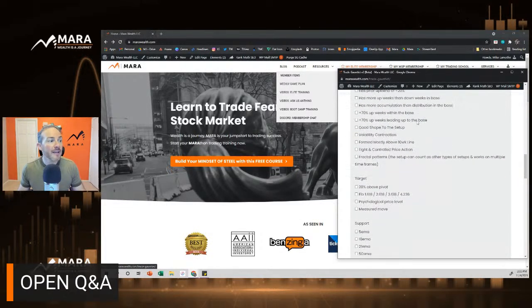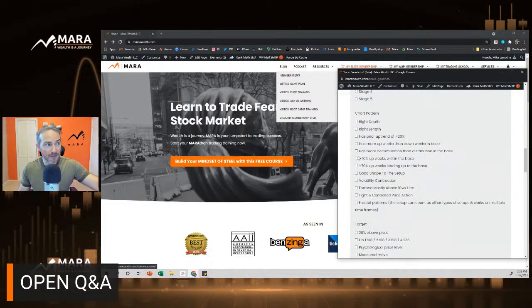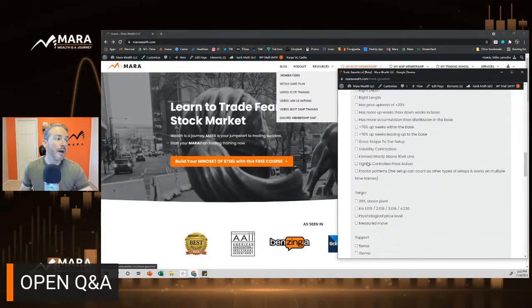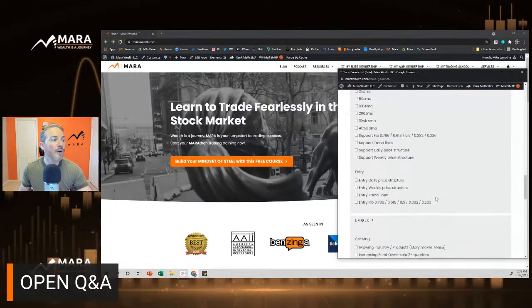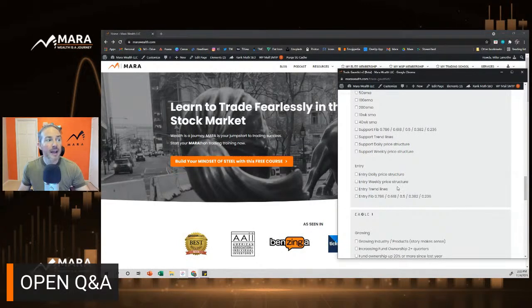Part of it is a deep dive into the setup itself. Does the pattern have all the different things that I like? Then looking at the layers of confluences around the target, around support, and around the entry. The more, the better. The tighter, the better. It's really a factor of all these things put together that say, do I take this trade or do I not take this trade?